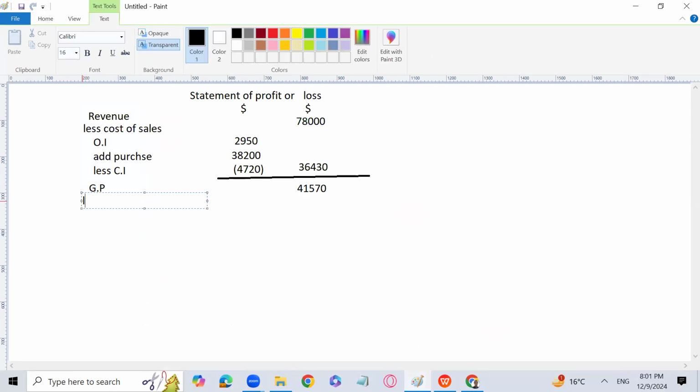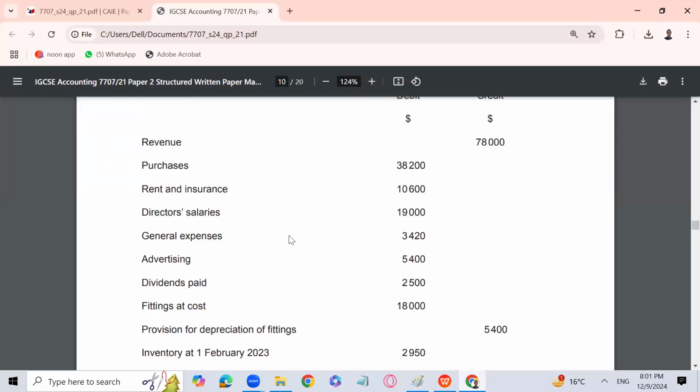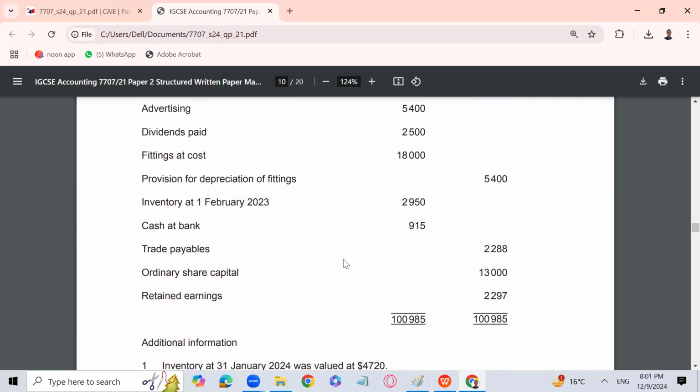So less expenses. From expenses, let me first write the expense which has an adjustment. Payment for advertising 75 is outstanding.